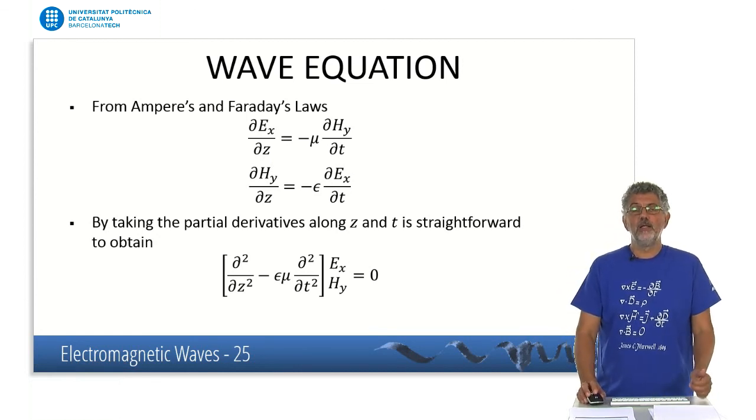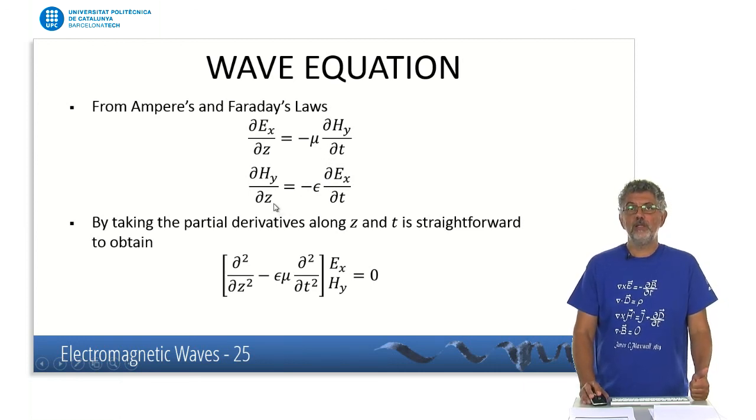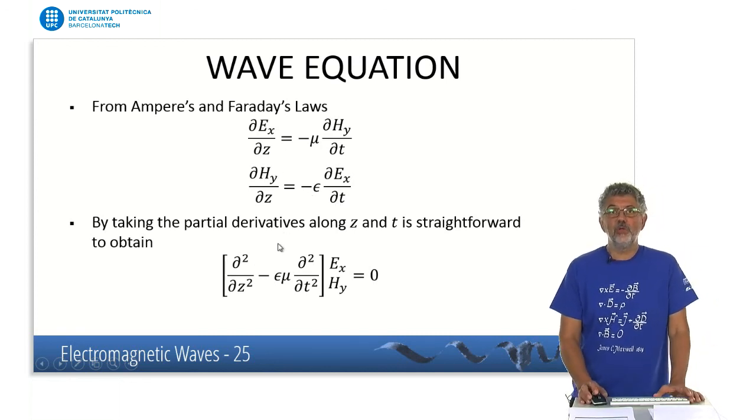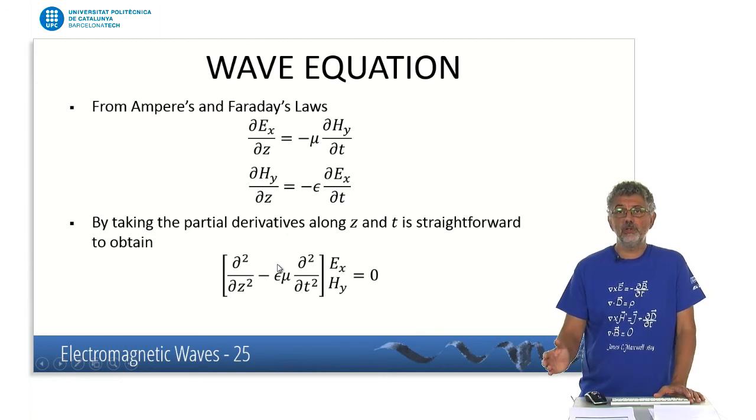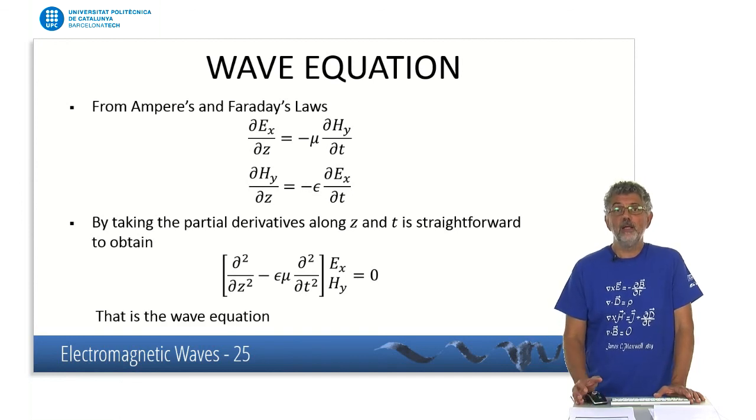Notice that the space derivative of the electric field is related to the time derivative of the magnetic field, and the space derivative of the magnetic field is related to the time derivative of the electric field. So it's this interrelationship that at the end gives rise to the wave equation, to some perturbation that propagates in space and changes in time.